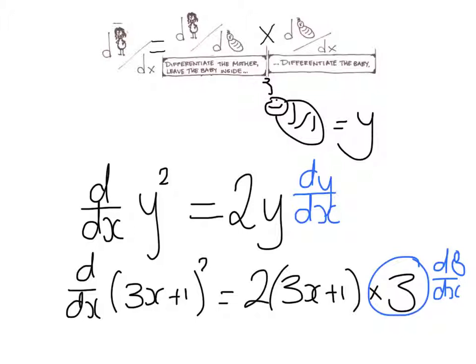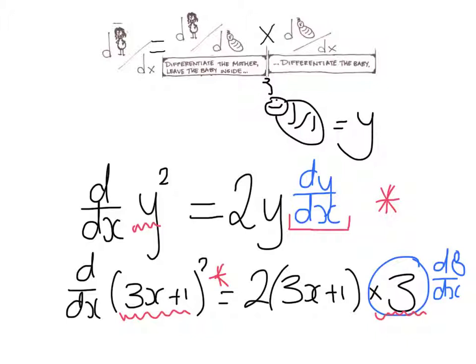So actually, this one, C4, is easier than this one, which is C3, because in C3, you actually know what the baby function is, so you have to actually differentiate it. Whereas in C4, implicit differentiation, you don't know what the baby is, so you can't actually differentiate it. You just write down that you would be multiplying by its derivative. That's all. So it's just the chain rule. You don't even need to learn anything new.